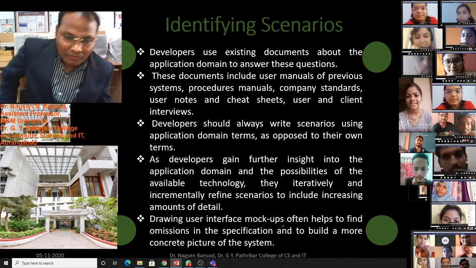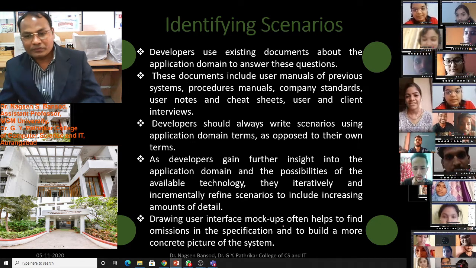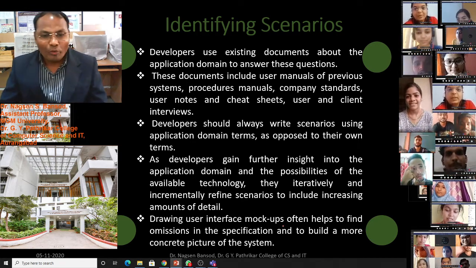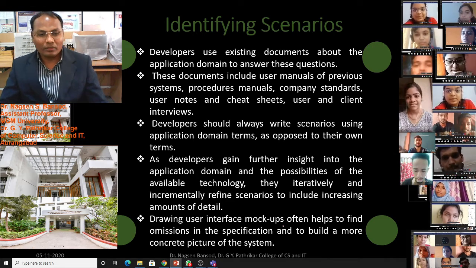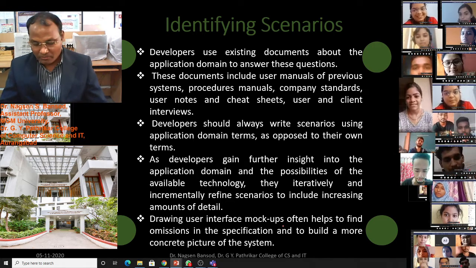Drawing user interface mockups often helps to find omissions in the specification and build more concrete pictures of the system.